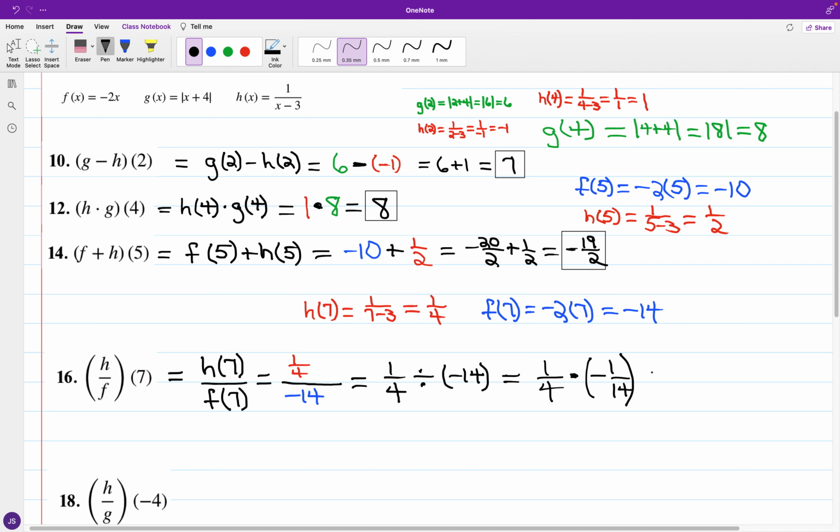And here we have a positive times a negative is a negative. And 1/4 times 1/14, that's going to be 1 over 56. So the end result here is going to be minus 1/56.